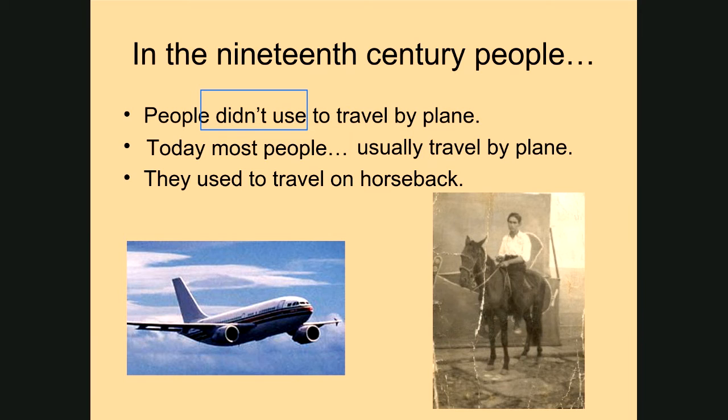They used to travel on horseback. Notice that all of these sentences are using the auxiliaries that we use for questions or negative sentences in the past, which is did or didn't. And in the affirmative sentences, we use the expression used to and the next verb goes in infinitive.